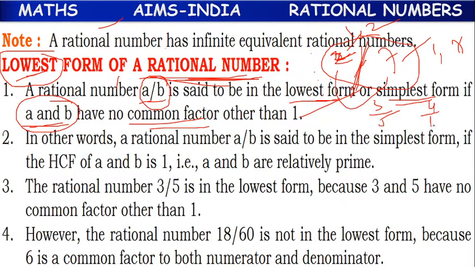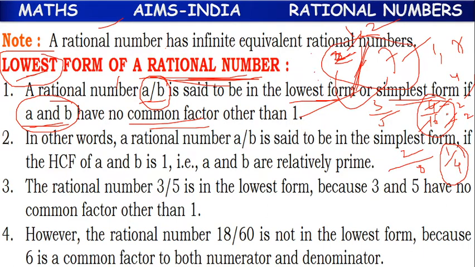Suppose you have 4 by 16, they are divisible by 2. So they have common factor 2, because both of them are divisible by 2. 4 by 2 is 2, 2 times 8 is 16. Still divisible. 2 ones are 2, 2 times 4 is 8. So 1 by 4 is the simplified form of 4 by 16, because 4 and 16 are not coprimes. They have another factor 2 or another factor 4.